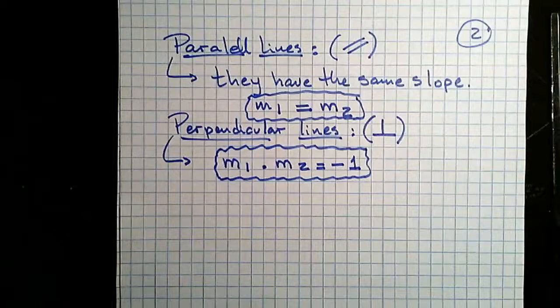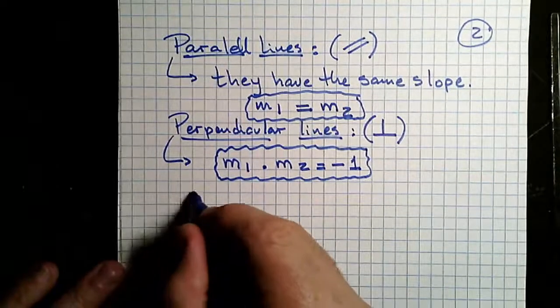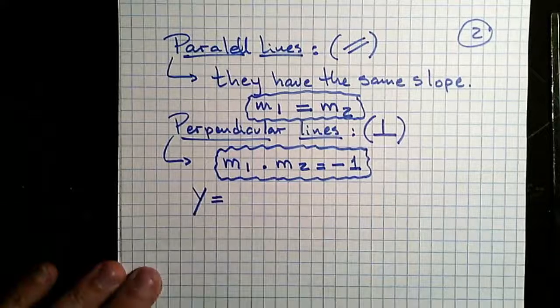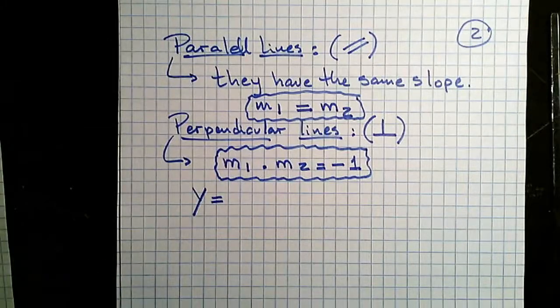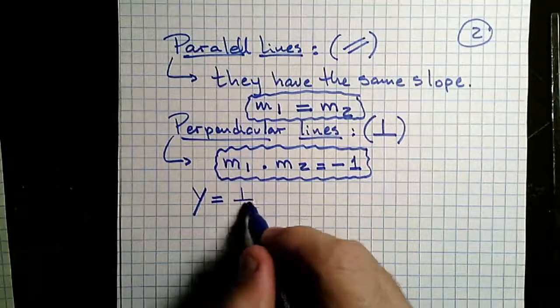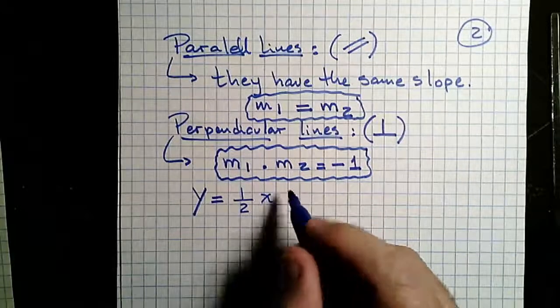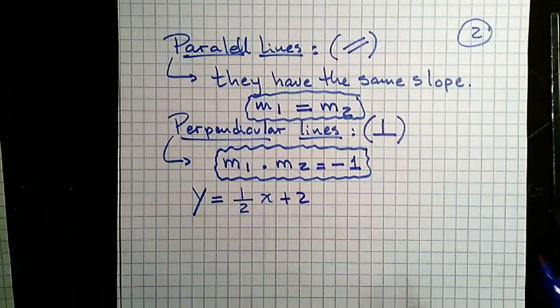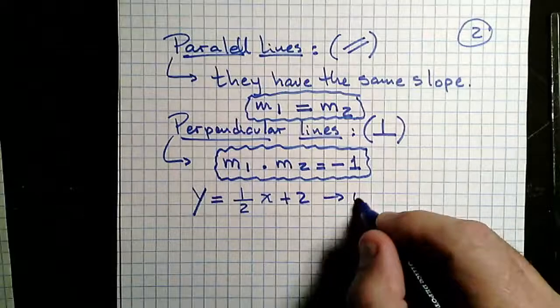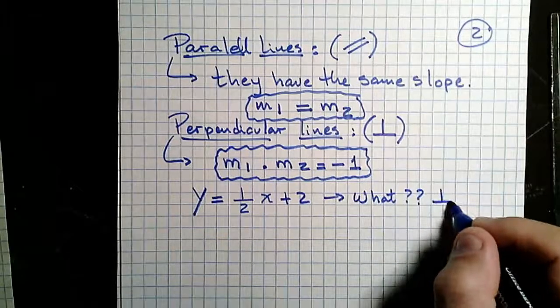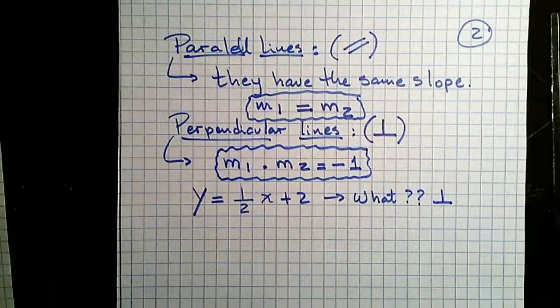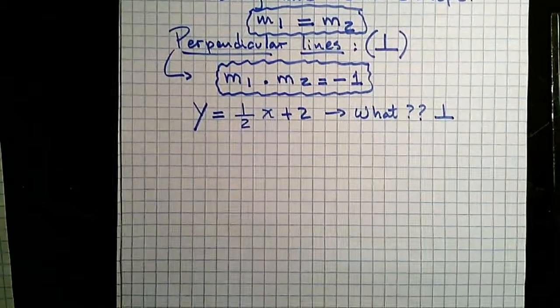So, in other words, let's have my first line that was 1/2 x plus 2. So what is going to be a perpendicular line to 1/2 x plus 2?